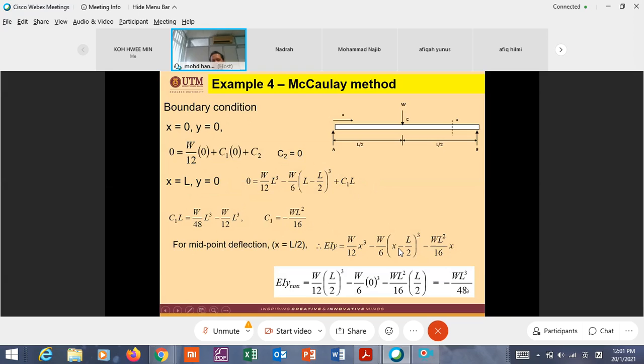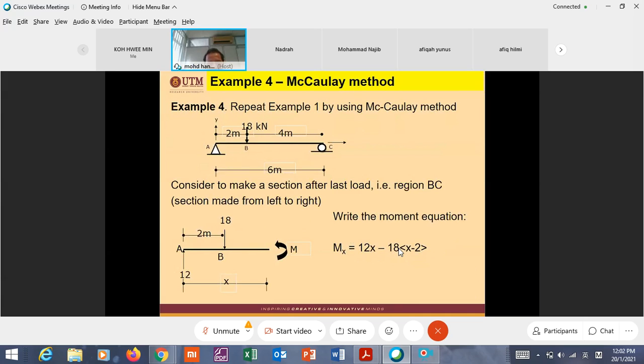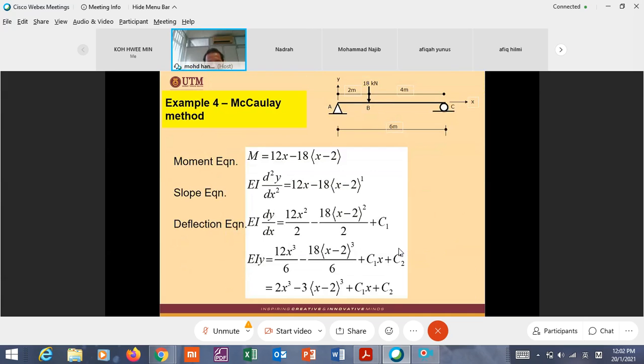I check if there is any example that has not been shown to you. Okay, enough. This one is for beam deflection.